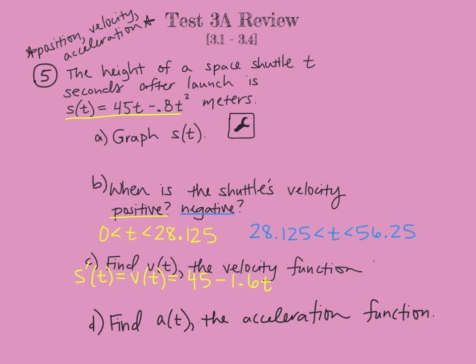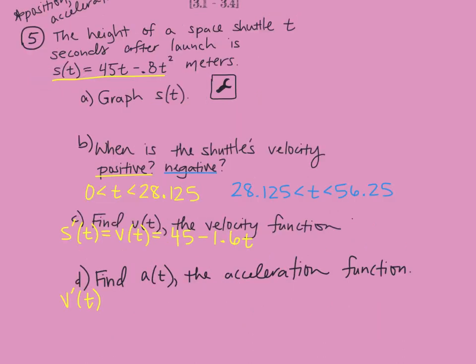And then we want to find the acceleration function, which is the derivative of velocity. The derivative of our velocity function above, the derivative of a constant 45 is 0. The derivative of minus 1.6 t is just minus 1.6.